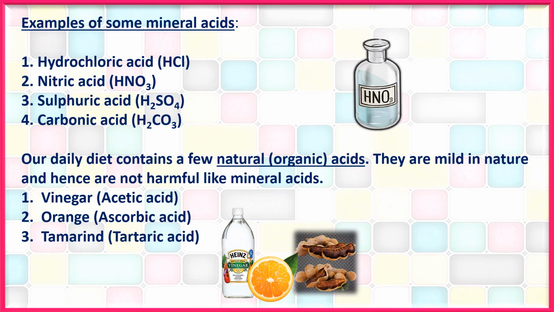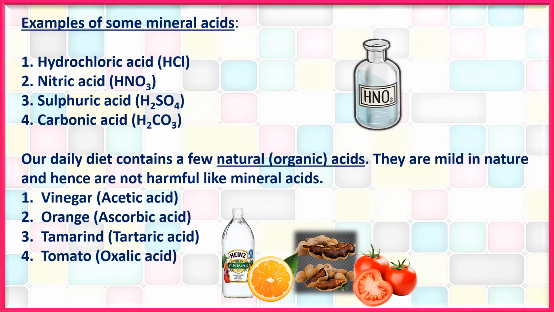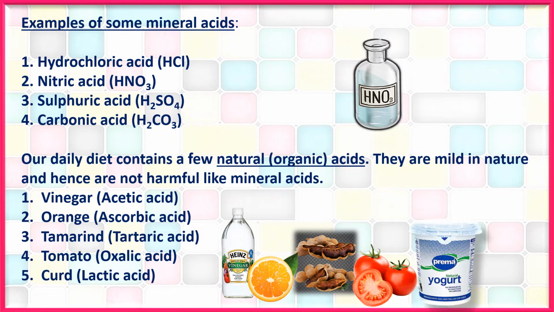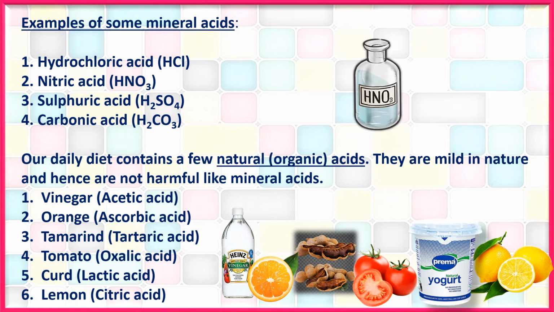Tamarind contains tartaric acid. Tomato has oxalic acid. Curd has lactic acid. And lemon has citric acid. So here we see the difference between mineral and natural or organic acids.